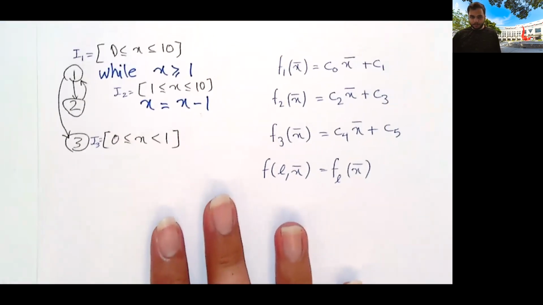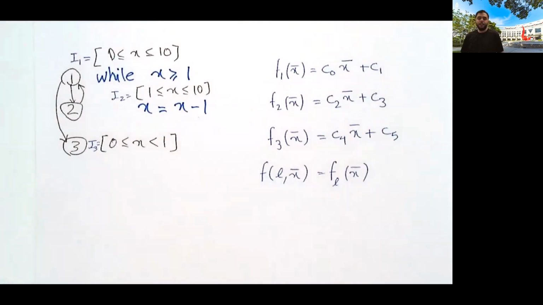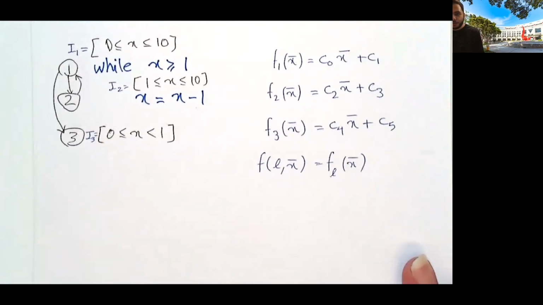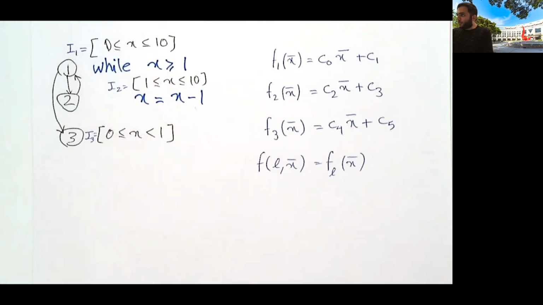So let's go back to our program. And let's write some of the conditions for the ranking function. Well, actually, we did this in the previous session, so I'm not going to write all of them. Let's just write some of them. So we said that the ranking function should be non-negative.